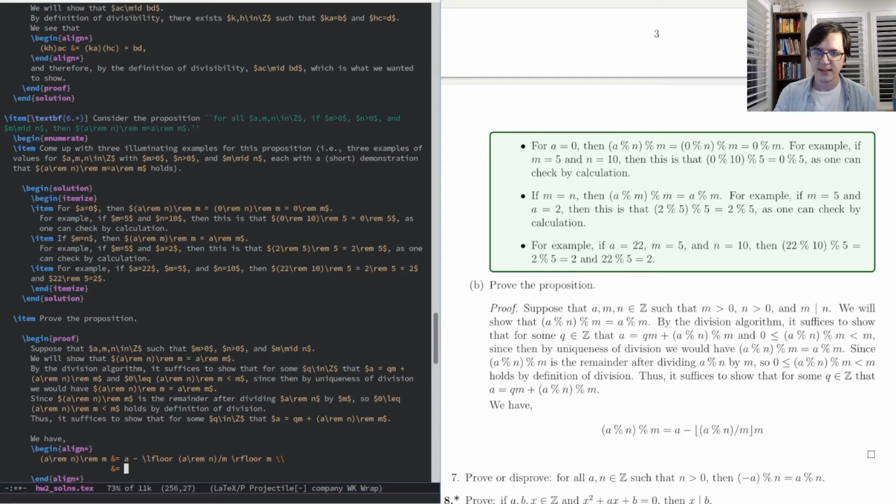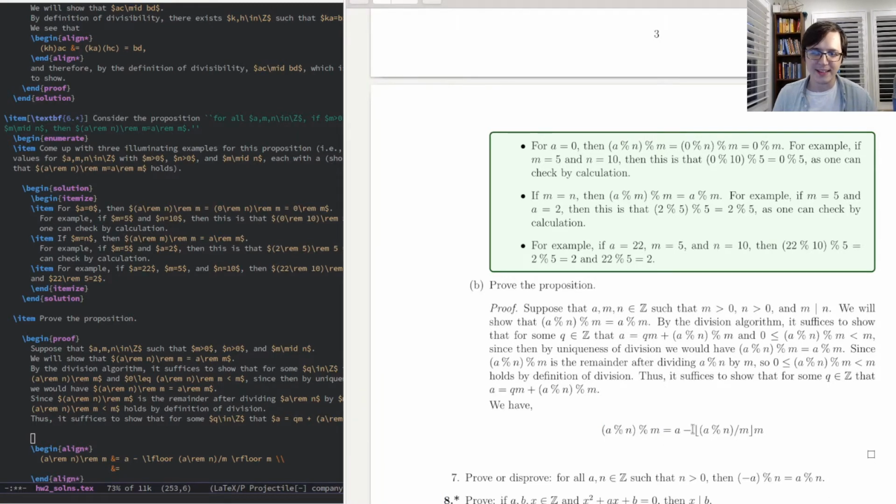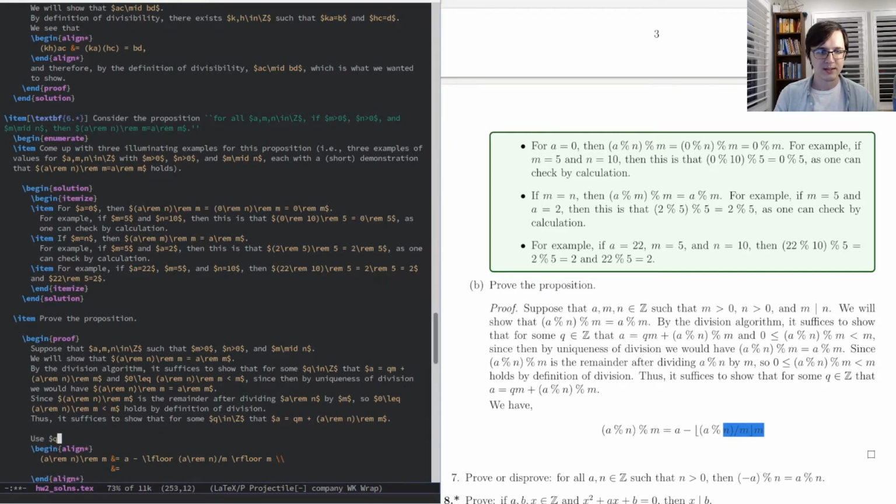Oh wait, is that it? Okay. Yeah, let's rearrange this. I was just thinking about how you can get remainders by doing the subtraction, but if we add this to both sides, then that's exactly what we want to show. So let's let q be this number. So let's use q equals this quotient.